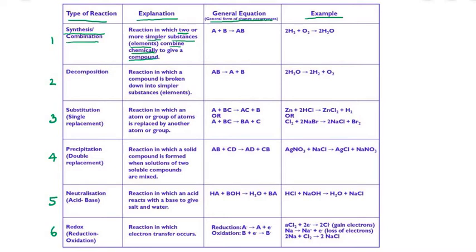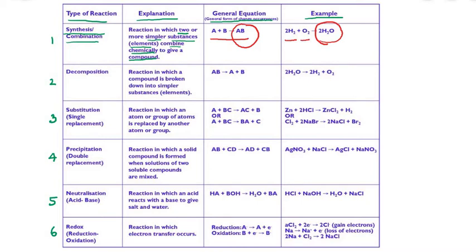The generalized format: A plus B gives AB. A and B are two different elements which on combination give the product AB. And for our understanding, we have the example of formation of water molecule from the elements hydrogen and oxygen.